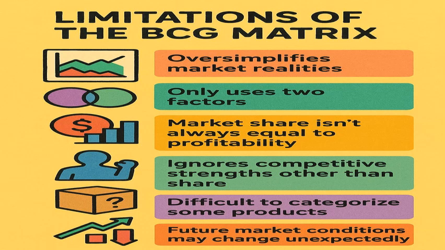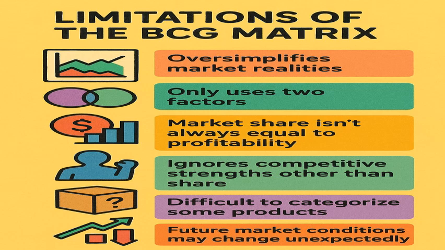Limitations of the BCG matrix: first, it oversimplifies market realities, and second, it only uses two factors. The first factor is market share, and the second is market growth. So it uses only two factors. And third, market share is not always equal to profitability. Most people think that when a product is capturing market share, then definitely it will increase profitability.